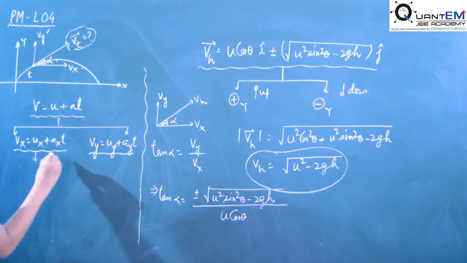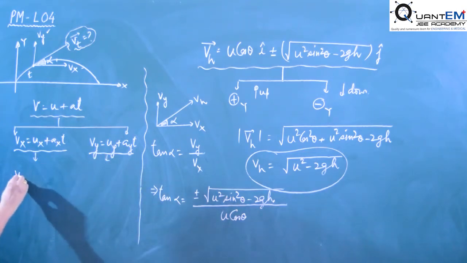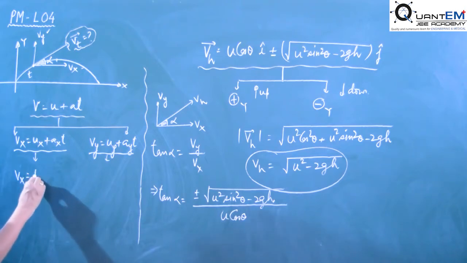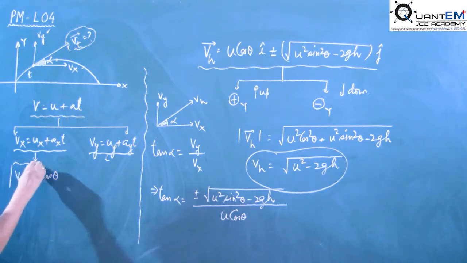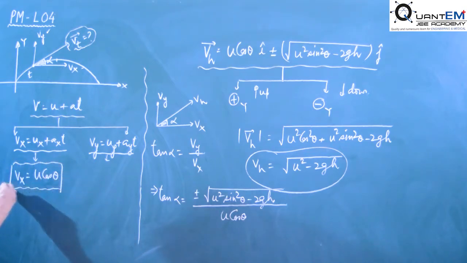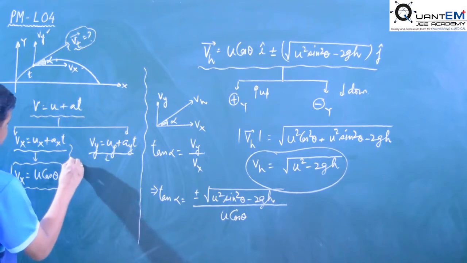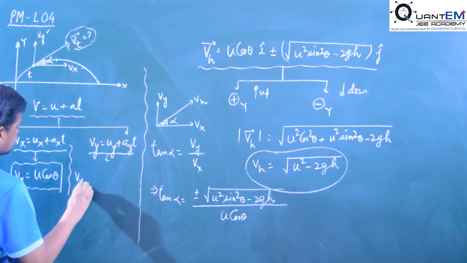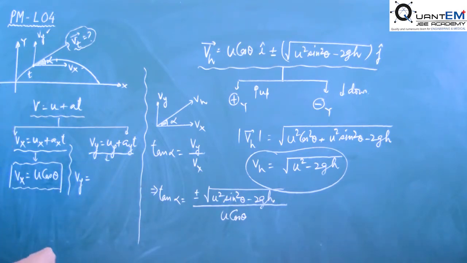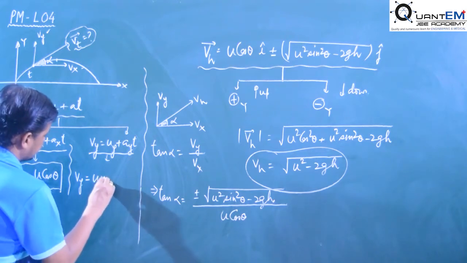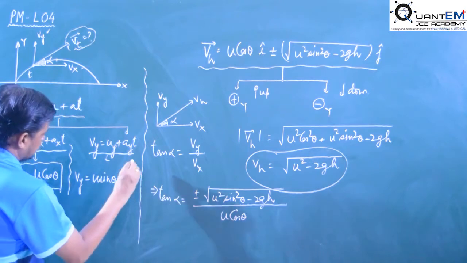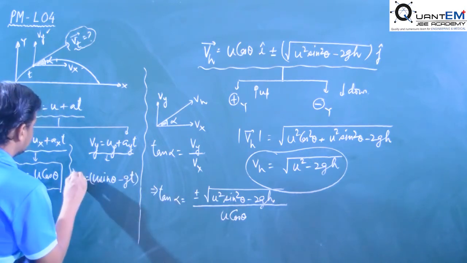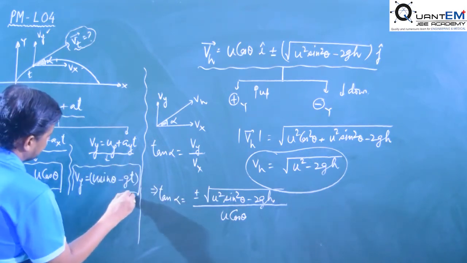Okay, now see, we get vx is equal to, what is ux? It is u cos theta, and ax is 0. That's why we have vx is equal to u cos theta. Similarly, we get vy. What is the value of uy? We have u sin theta, and ay we have what? Minus g. So vy we have u sin theta minus gt.